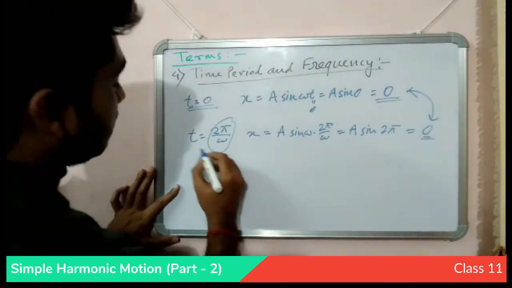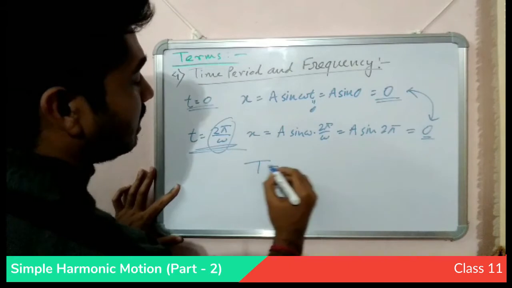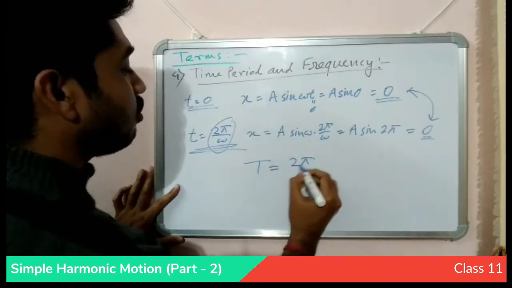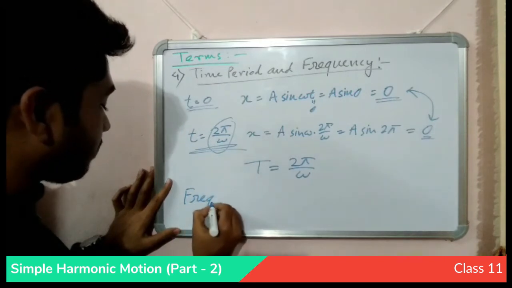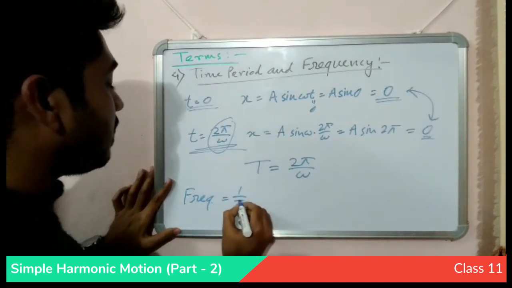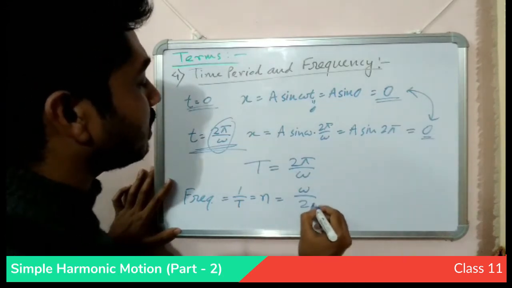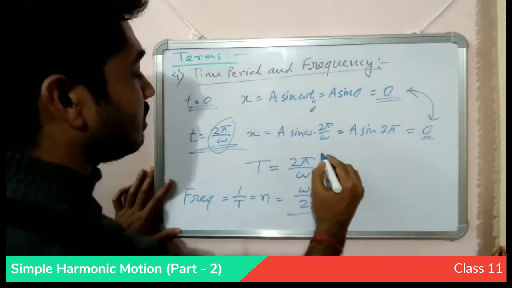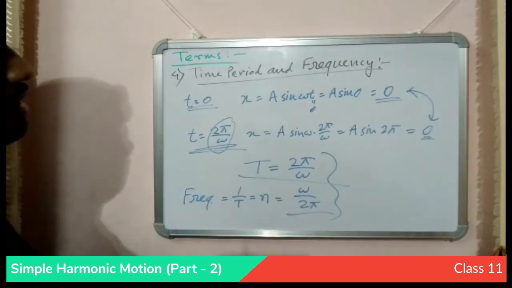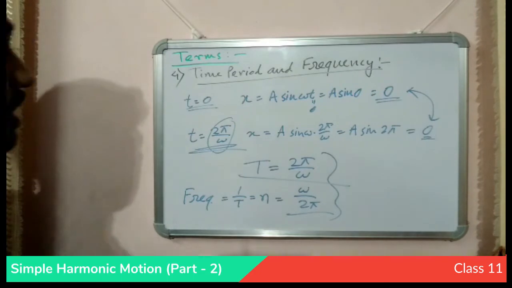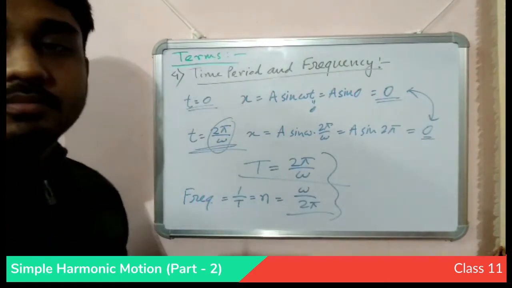The minimum time taken by the body is 2 pi by omega. So the time period, capital T, is 2 pi by omega, and the frequency, which we know is 1 by time and is denoted by n, is omega by 2 pi. These can be confusing, but you have to remember: T is equal to 2 pi by omega and frequency is omega by 2 pi.